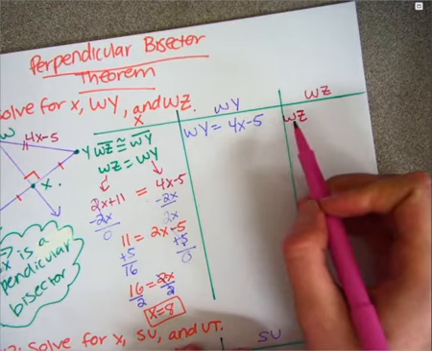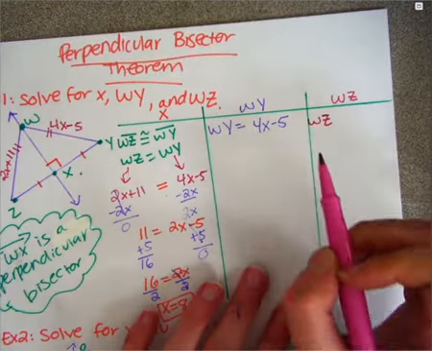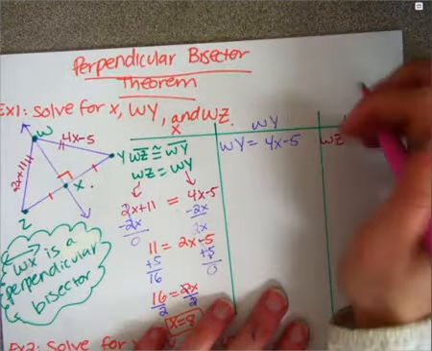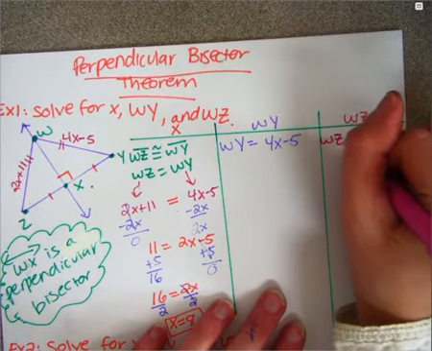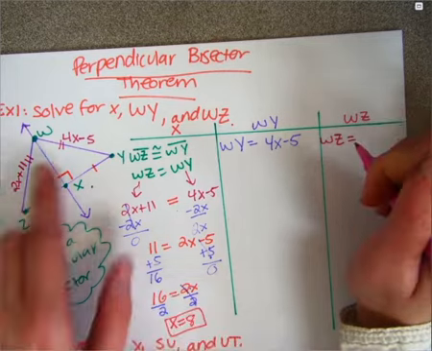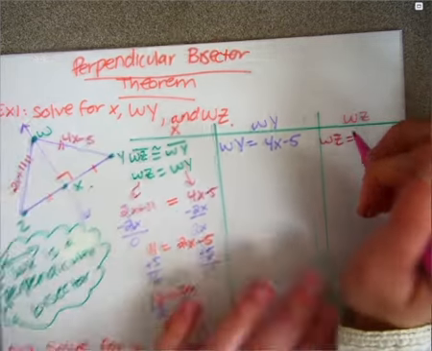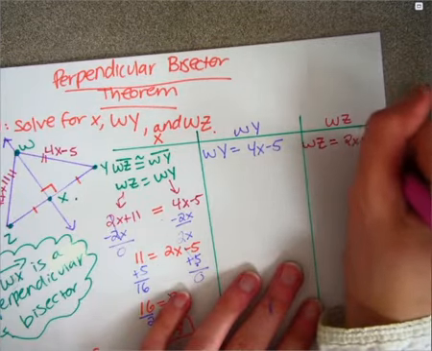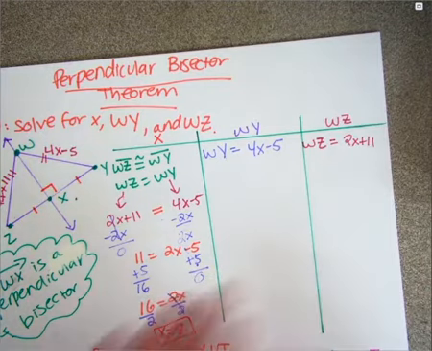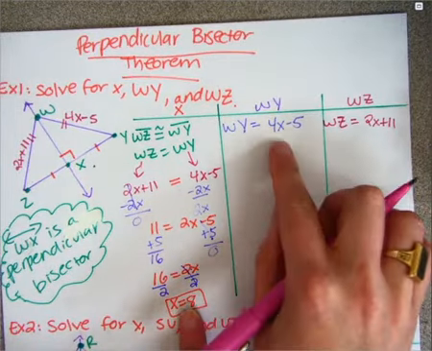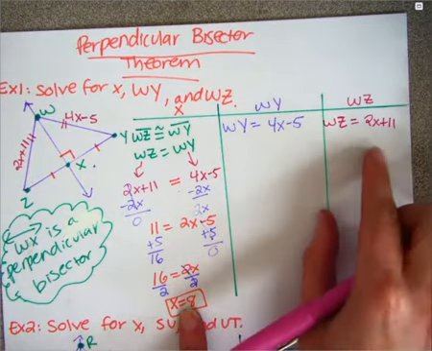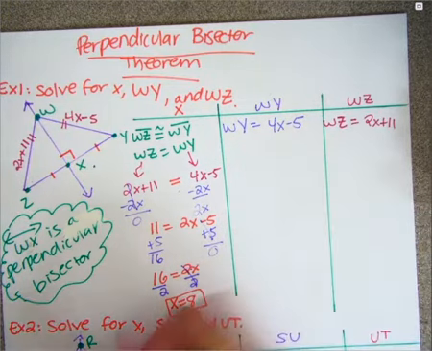I put a line through it because sometimes my Z's start looking like 2's, and I don't want you to get confused and think I'm writing a 2. So that is a Z, so just be careful with that. Now that I know x is 8, how can I use x being 8 to solve for WY and WZ?